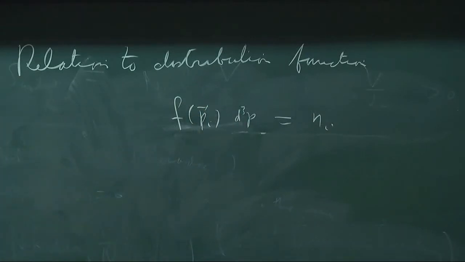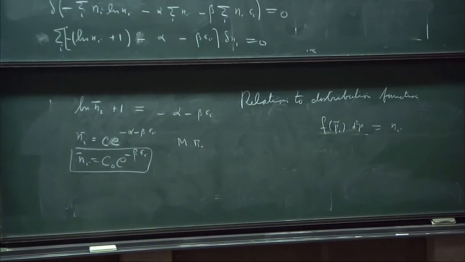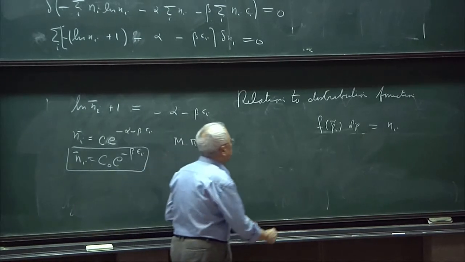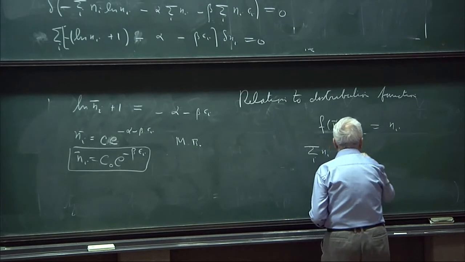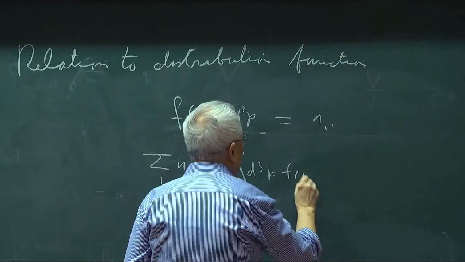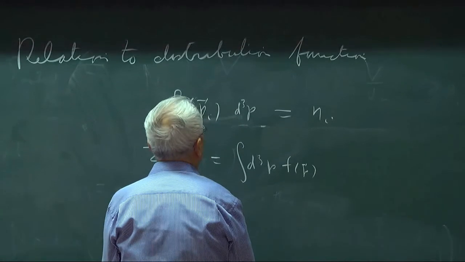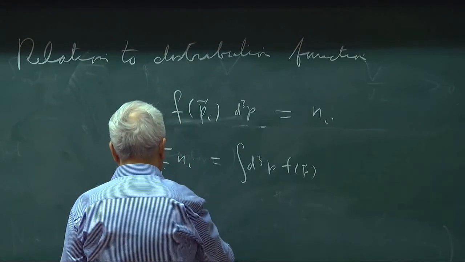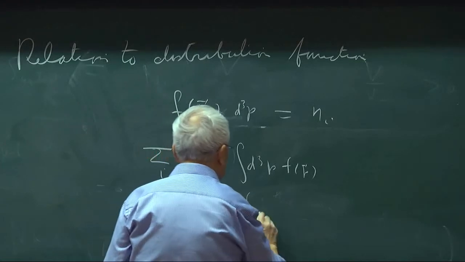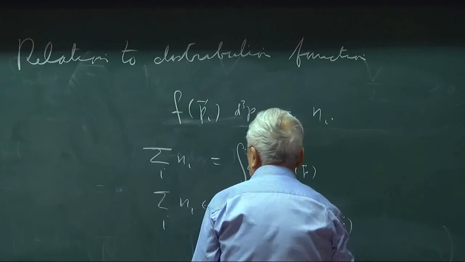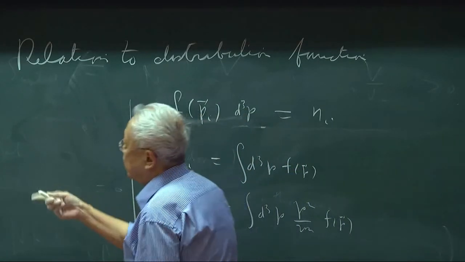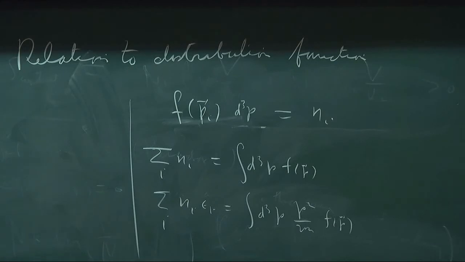By definition, right? Because Ni is the number of particles in that cell which has a volume of d3p. And therefore, for example, summation over I of Ni would be equal to the integral d3p f of p. And summation over I of Ni epsilon I will be equal to the integral d3p p squared over 2m f of p. And determining the alpha and beta is the same as determining the constants in the Maxwell-Boltzmann distribution that we have done.